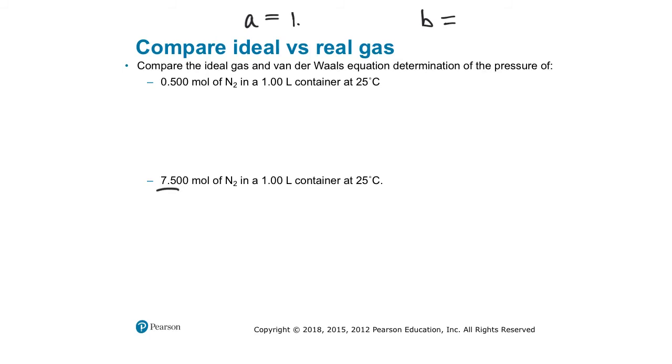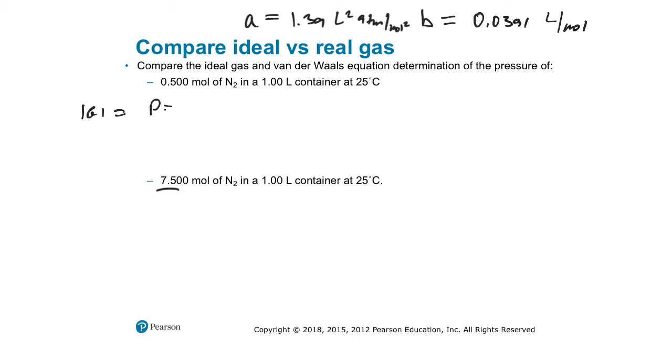So the a value is 1.39 liters squared atm per mole squared, and the b value is 0.0391 liters per mole. Okay, so let's do the ideal gas law first. That's easy.